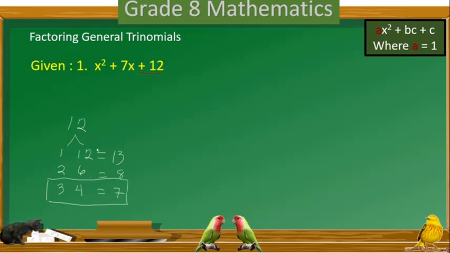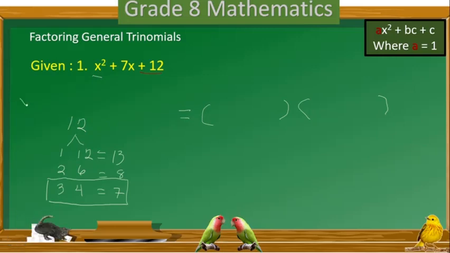So all you have to do is write two parentheses, or two quantities, then find the square root of the first term.